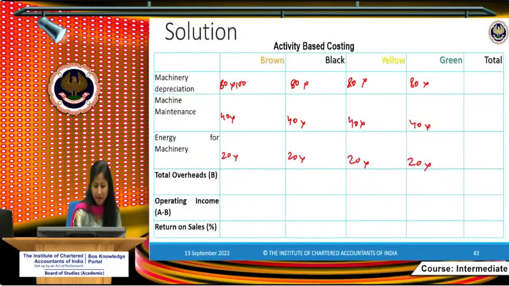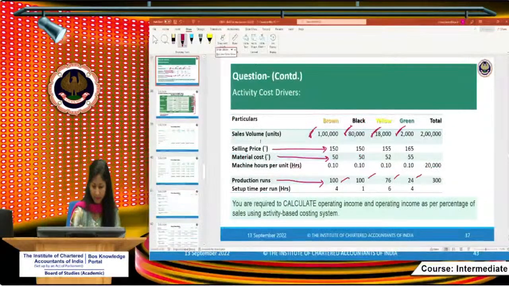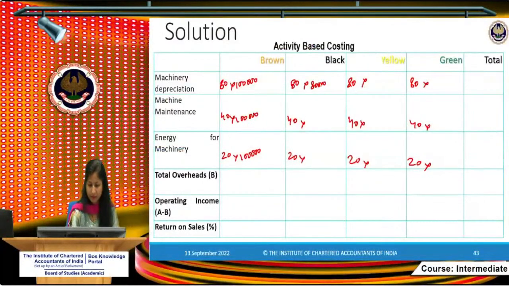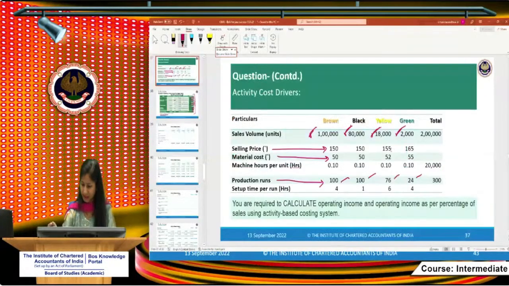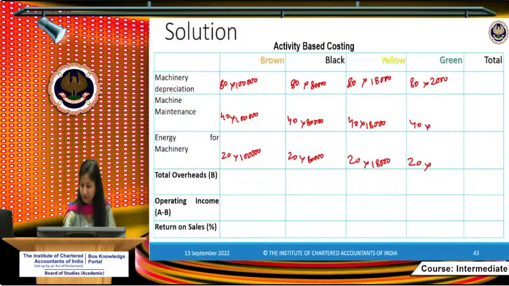1 lakh, 80,000, 18,000, then 2,000. What is left?